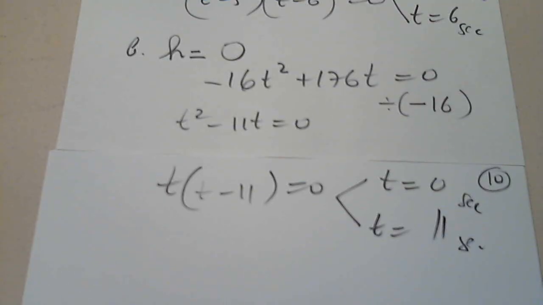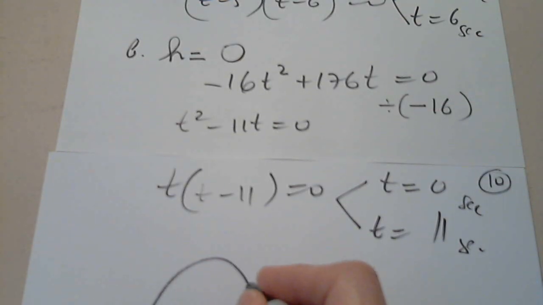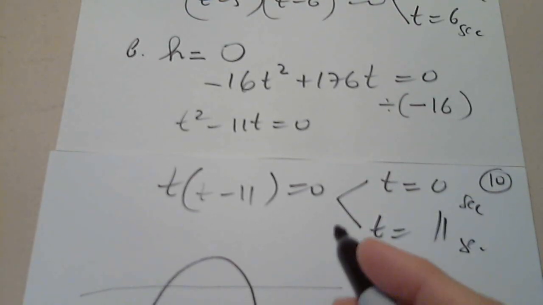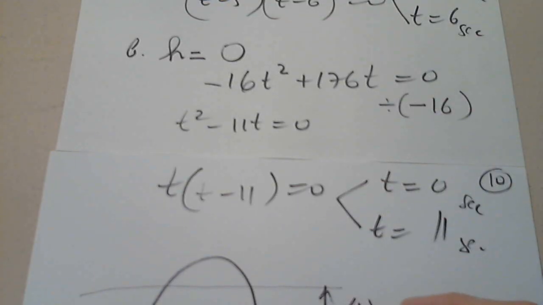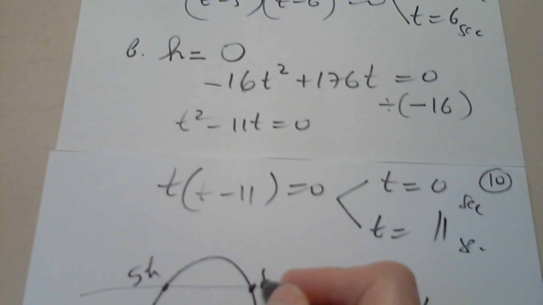So it hits the ground at 0, of course. It's right here in my palm, I guess. It starts at ground level and will come back to the ground in 11 seconds. So the idea is this: at t equals 0 it is at the ground, at t equals 11 also at the ground, and at the height of 480 feet, right here is at 5 seconds and right here is at 6 seconds.